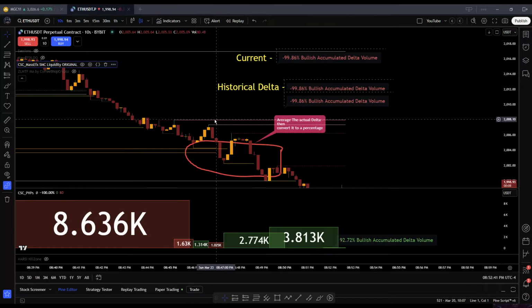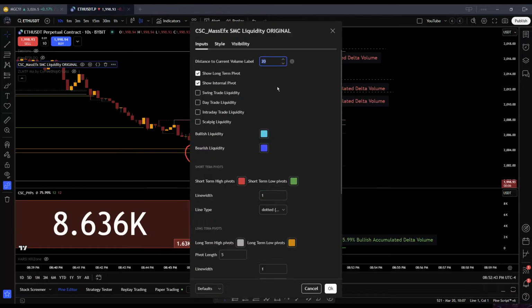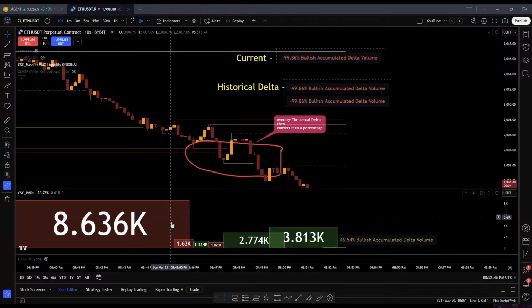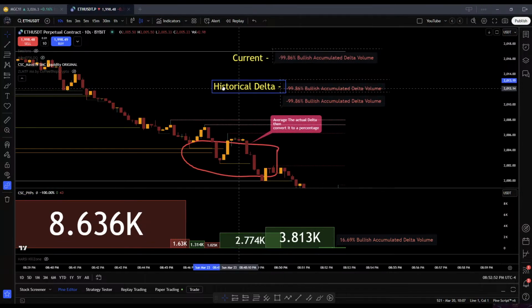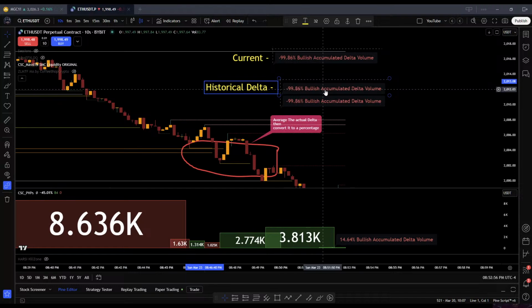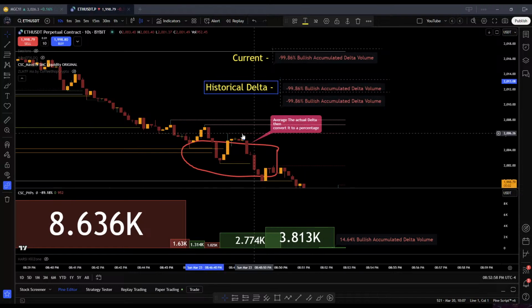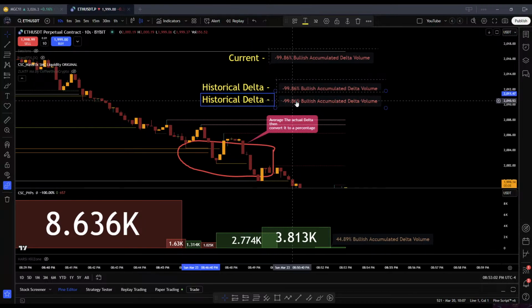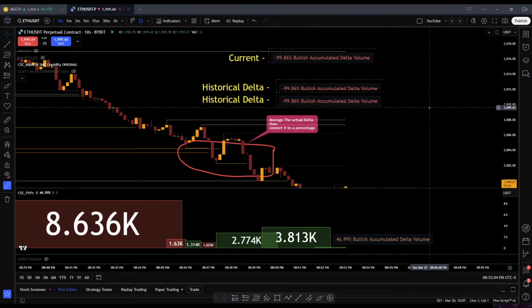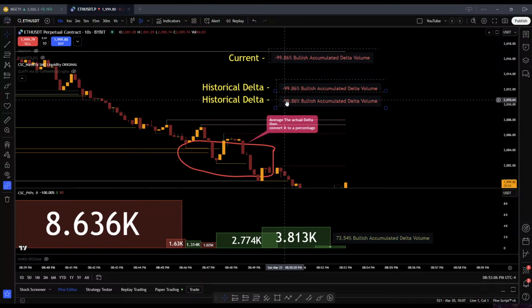Let's say you put X number of bars for delta. It'll say historical delta, X number of bars, the one that you selected, and the percentage over the X number. But again, it's just an idea. I could put actual, and then I could put the difference in percentage. You could do a lot of different things there.